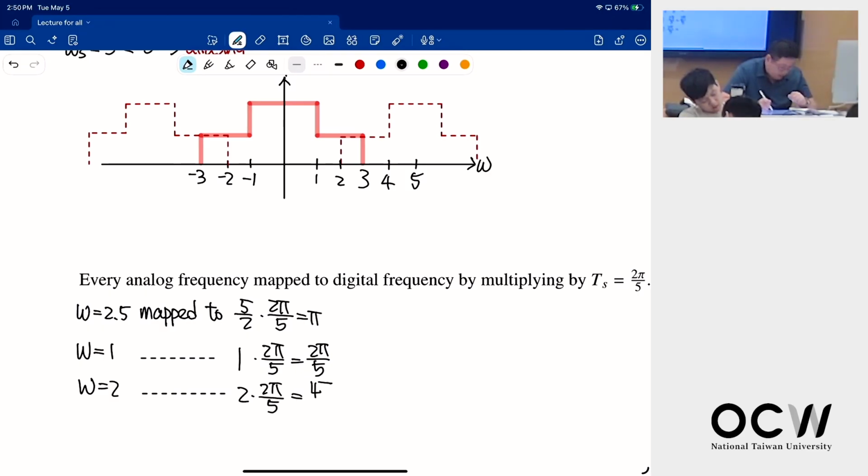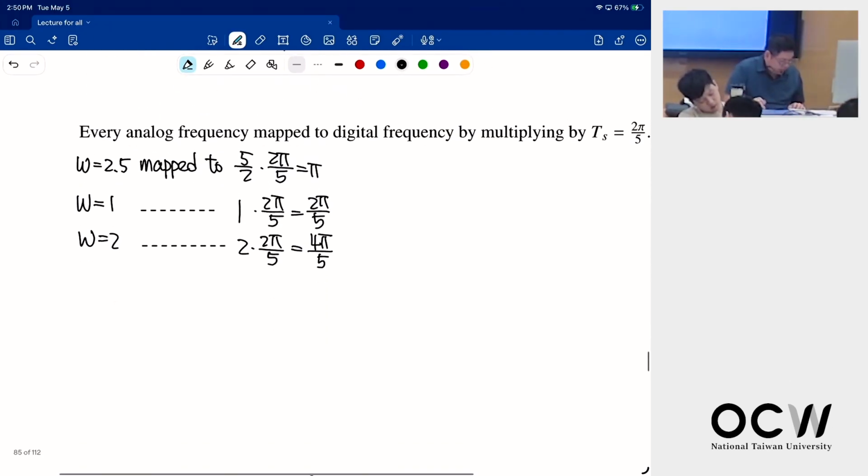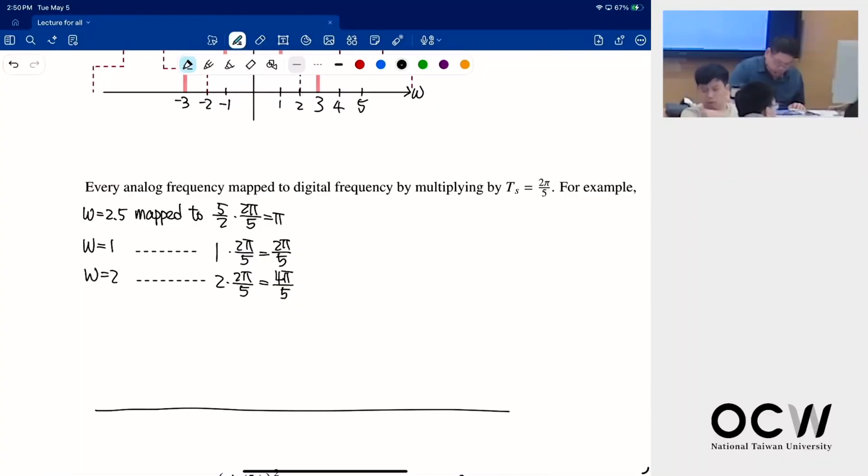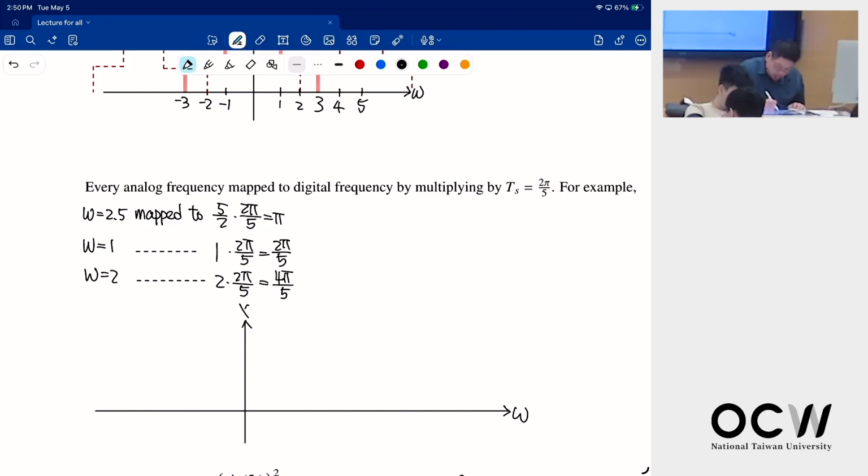So we get 4π over 5. So eventually, the DTFT, you have π over 5, 2π over 5, 3π over 5, 4π over 5, and π.